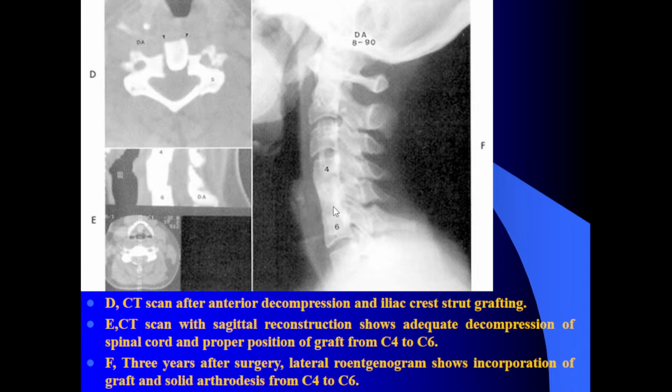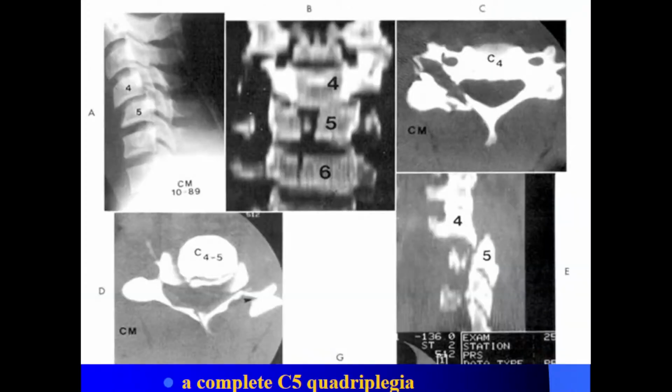After that, we achieve fusion in between the damaged vertebra and the two vertebrae above and below. So it is an example of the surgical procedure which we call spondylodesis of C4, C5 and C6. Spondylodesis by autografting.